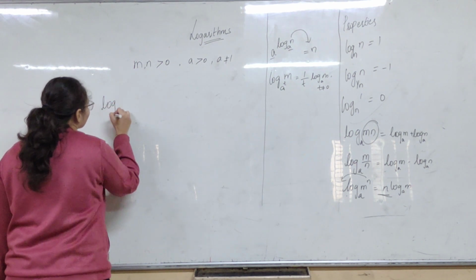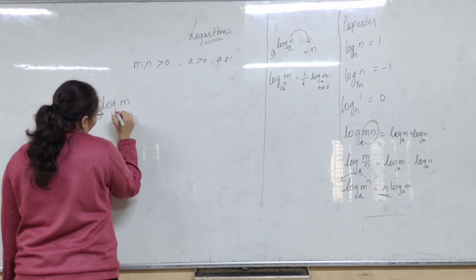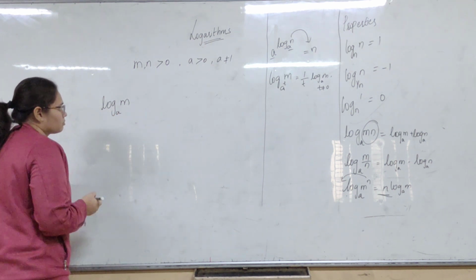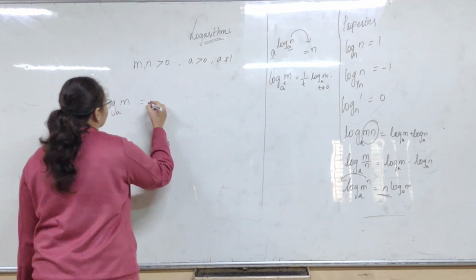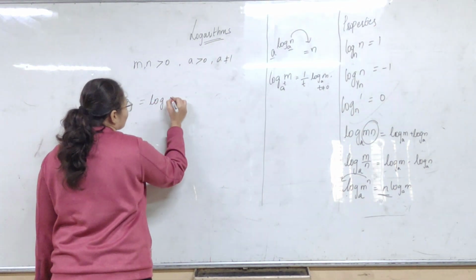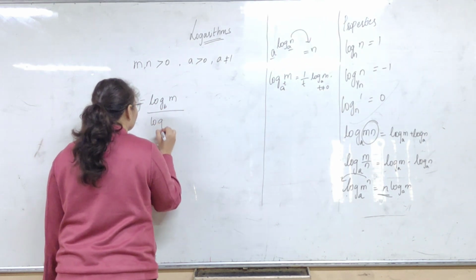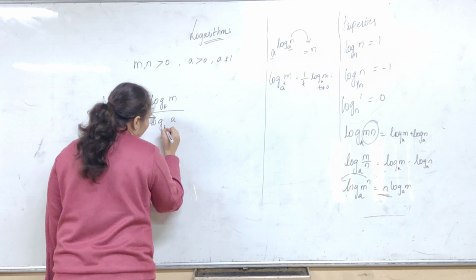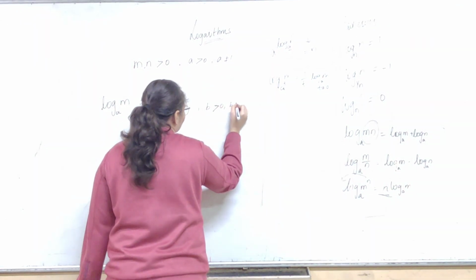So log m to the base a, we can write as log m to the base b by log a to the base b, where b is greater than 0 and b not equal to 1.